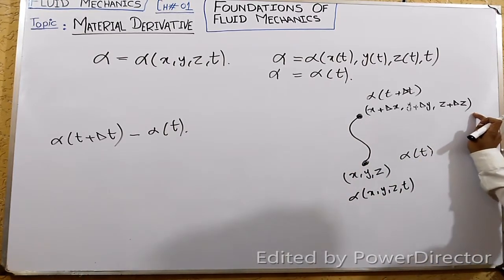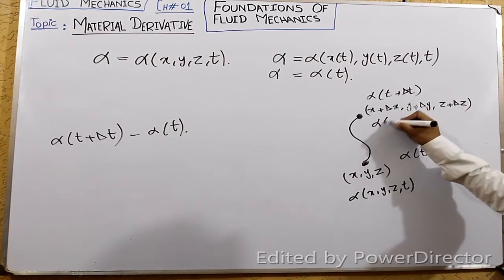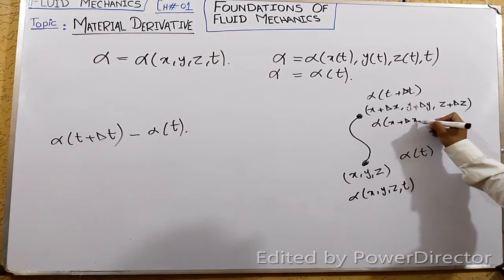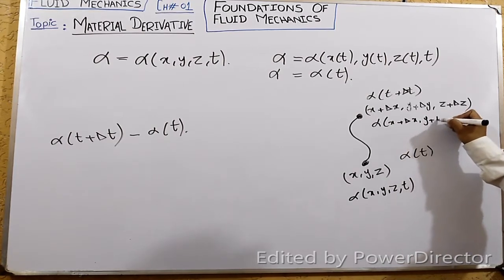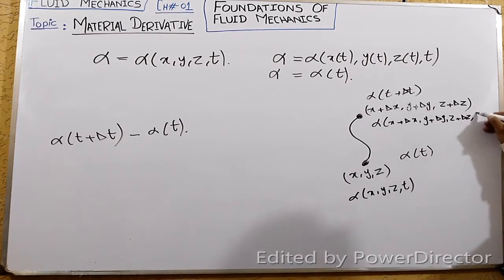Therefore, the value of alpha that we have to consider at this point is alpha of x plus delta x, y plus delta y, z plus delta z and t plus delta t.